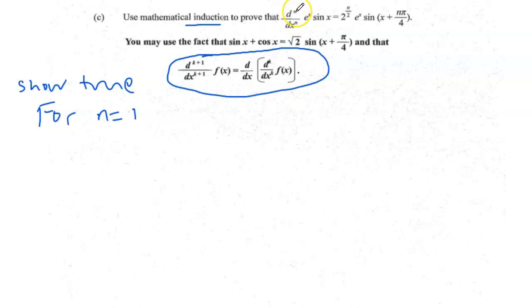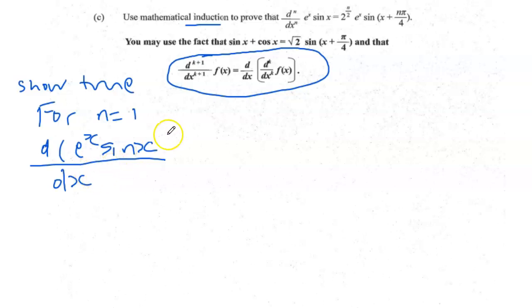So if n is equal to 1, we'll find the derivative of e to the x sine x over dx^n, but we're using n to be 1, so it's just dx. x is the same thing as x to the power 1. So let's differentiate this and see if we get what we have here.